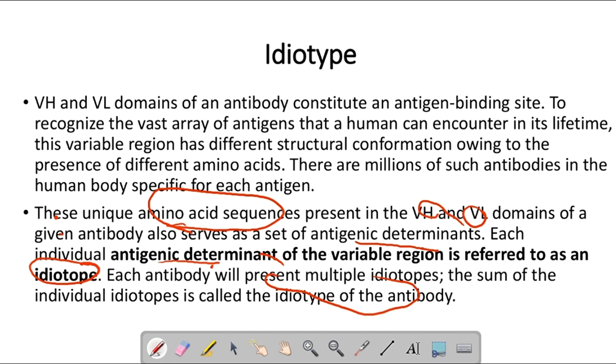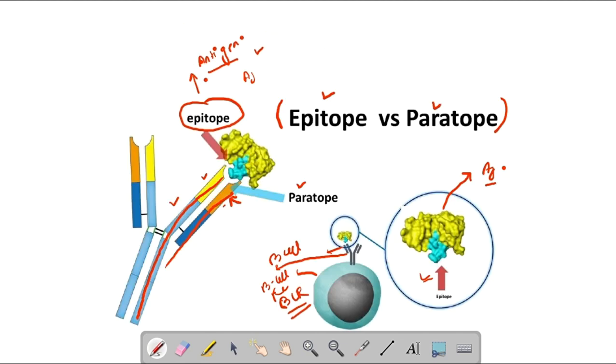The second is allotypic determinants. This mainly occurs due to genetic differences, and multiple alleles exist for some of the genes. The last one we have studied is the idiotype. Idiotype mainly occurs due to amino acid sequence differences between the variable regions of the heavy chain and light chain.